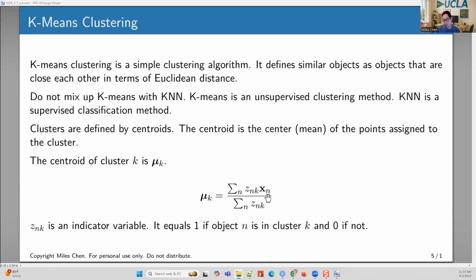There are a bunch of different ways you can do this. With the computer, you could just filter or subset down to the observations that belong in cluster K, or you can create a column, Z_k, which will have ones and zeros for whether an observation belongs in that cluster, and then you multiply and divide and so on.